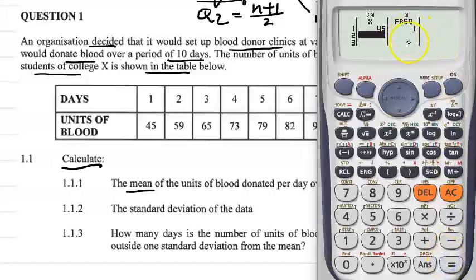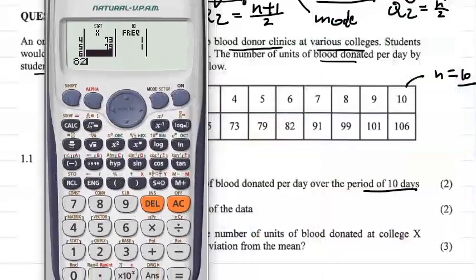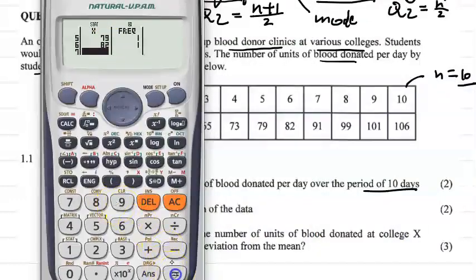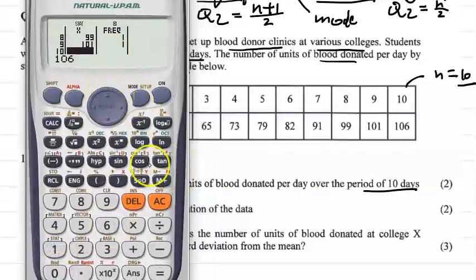You can keep it off if you want to. 59 is our second value. 65, 73, 79, 82, 91, 99, 101, and 106.